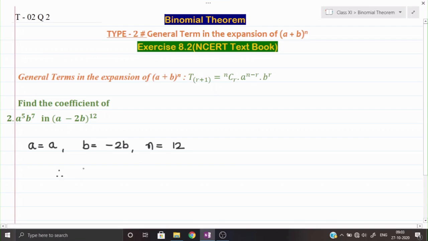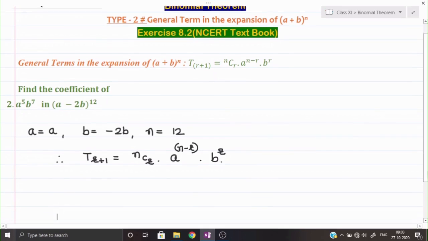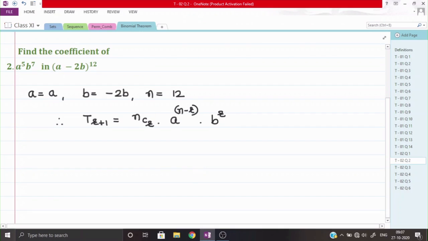So therefore we can say that T(r+1) is equal to nCr into a to the power of n minus r into b to the power of r. This is our formula. Now in this formula let us put in the values. So it will be 12Cr into a, the value of a will be a only, then a to the power 12 minus r into b, that will be minus of 2b whole power r.